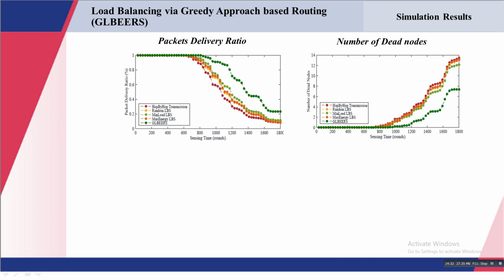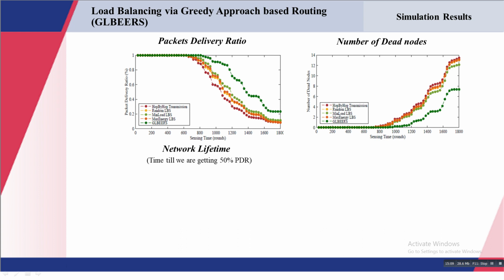And on the right hand side is the graph of the number of dead nodes with respect to sensing time, which we have measured in terms of rounds. Here we can see that the number of dead nodes is less in the proposed approach as compared to the rest of the schemes. And if we consider the network lifetime as the 50% packet delivery ratio, then the proposed approach outperforms the rest of the approaches.